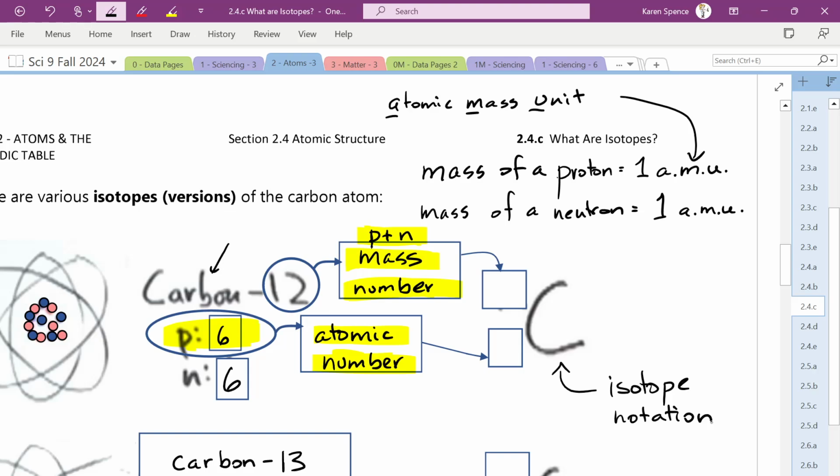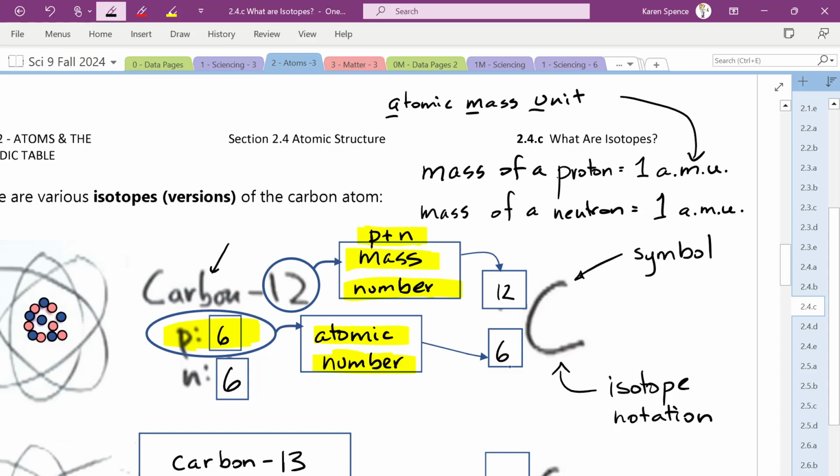And when we write isotope notation, we write the symbol for the element, which is C. And then to the top left, we write the mass number. And at the bottom left, we write the atomic number. So if I wanted to tell you that this is carbon with 6 neutrons, I will write C with a 12 at the top and a 6 at the bottom on the left.